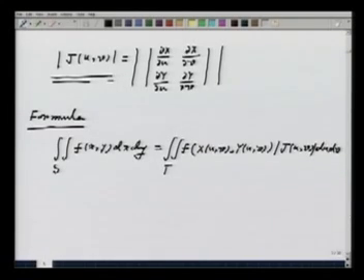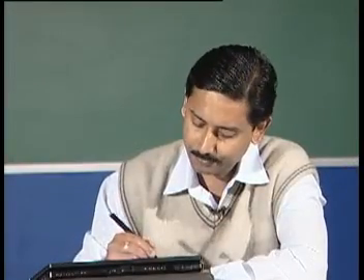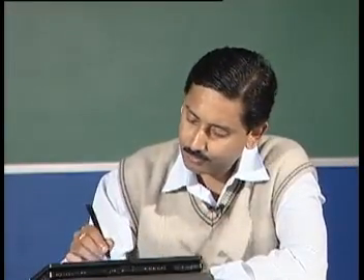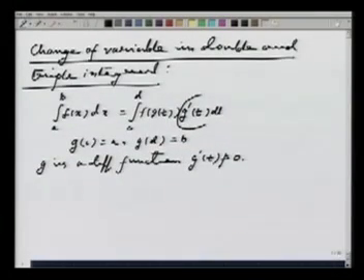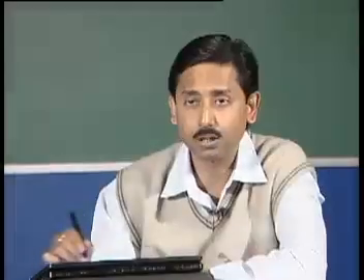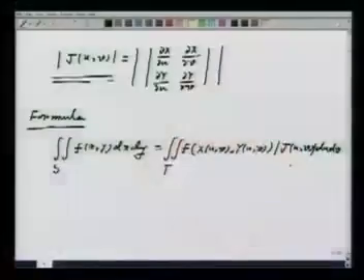Notice here that the modulus of J(u,v) essentially plays the role of this quantity g'(t) which appears in the one-variable formula. This quantity is replaced by mod J(u,v). That is what is meant in this formula.